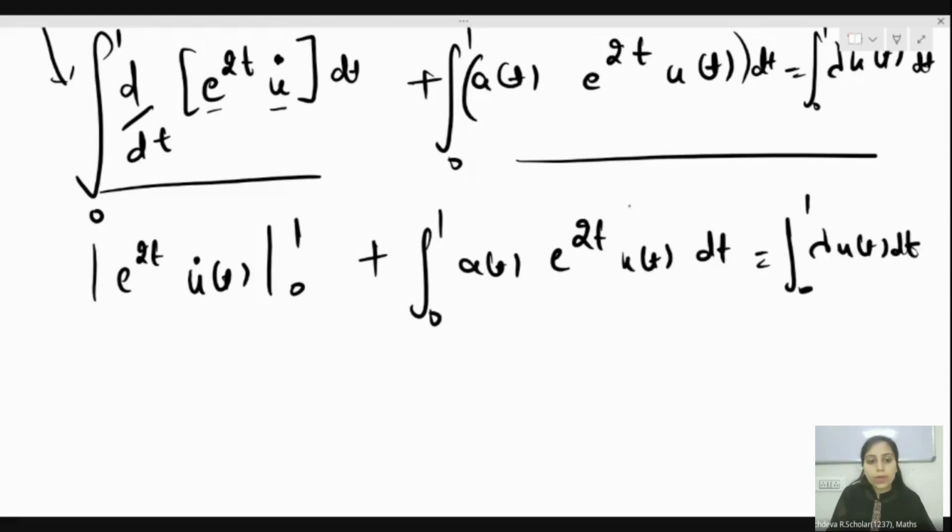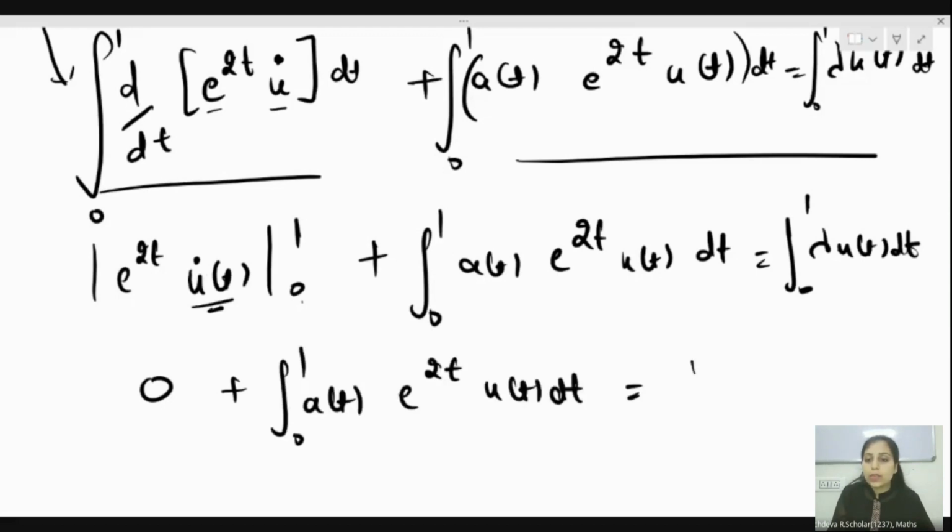Clearly, when we put the limits, u dot 1 and u dot 0 are both given as 0, so that term becomes 0. Here we have only left the integral from 0 to 1 of a(t) e^(2t) u(t) dt equal to the integral from 0 to 1 of lambda u(t) dt.